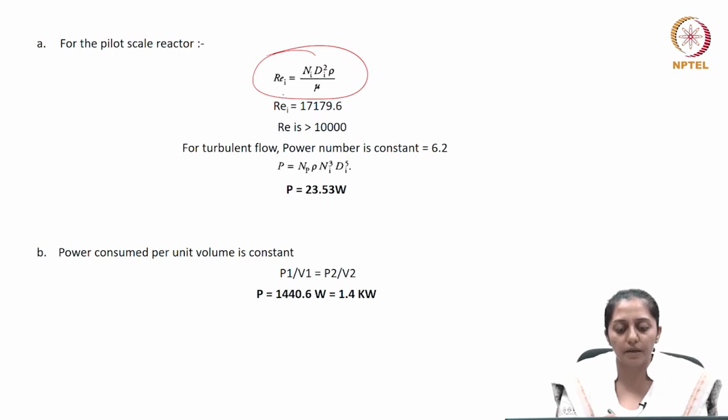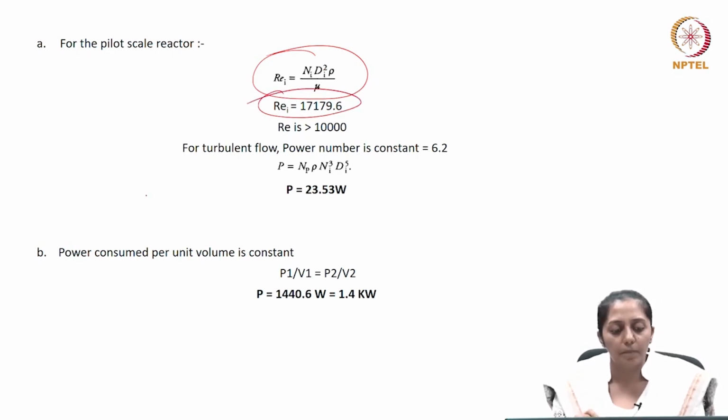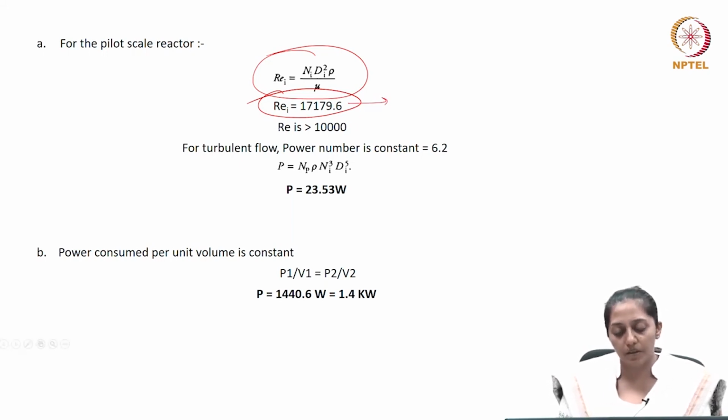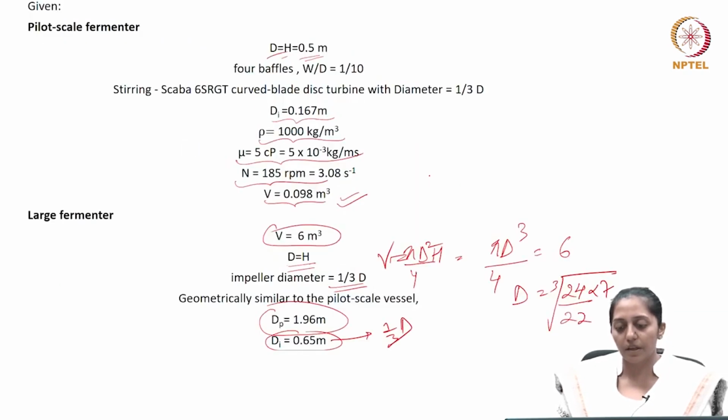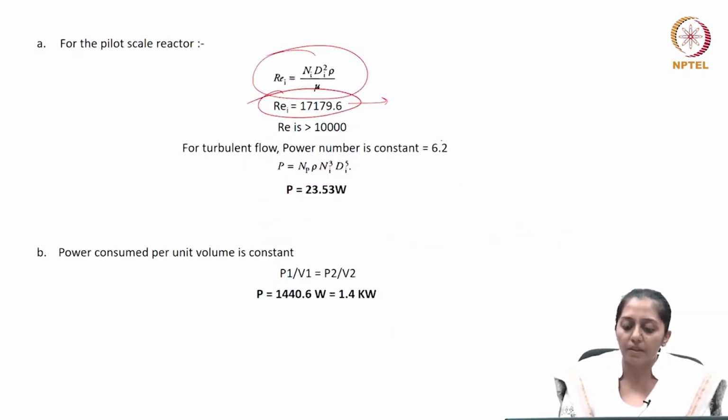So, we can find the Reynolds number at the pilot scale reactor. Now, this is greater than 10,000, which means it is in the turbulent region. For the turbulent region, the power number is constant, and for this kind of impeller, the 6 blade Rushton turbine, the power number has a value of 6.2.